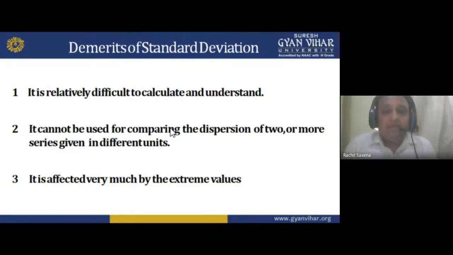Now, it cannot be used for comparing the dispersion of two or more series given in different units. It is very good for the dispersion calculation, but for comparing the dispersion of two or more series given in different units, one or two we can easily calculate.